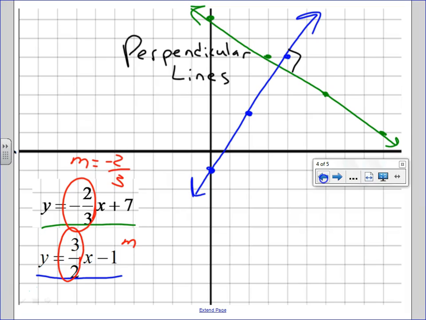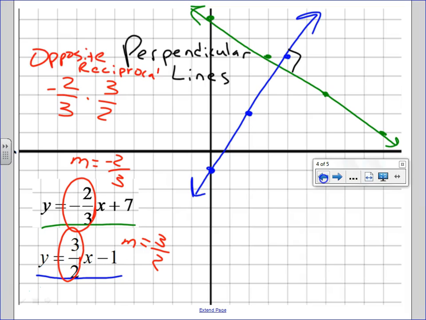This slope is 3/2. -2/3 and 3/2 are opposite reciprocals, meaning that one's positive, one's negative, and they are reciprocals of each other. The numerator and denominators are flipped. And when I multiply the two slopes together, I get -1. So those properties are true of perpendicular lines.